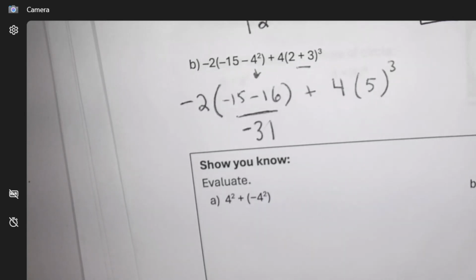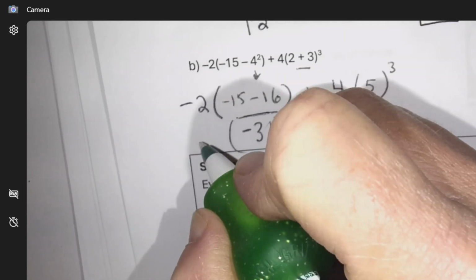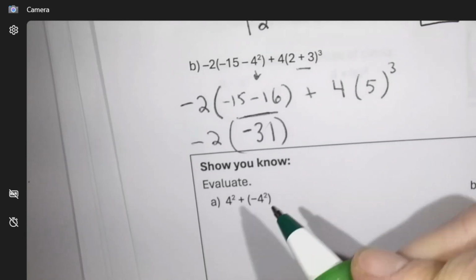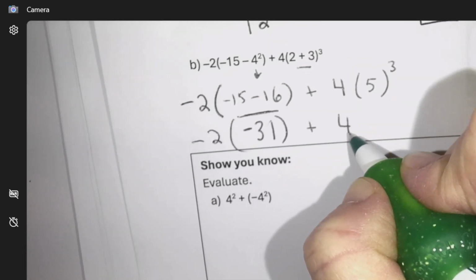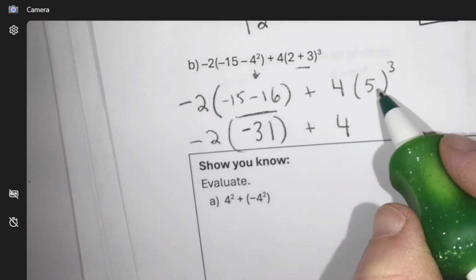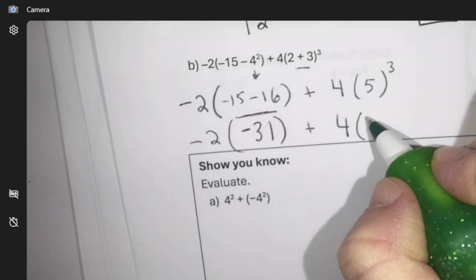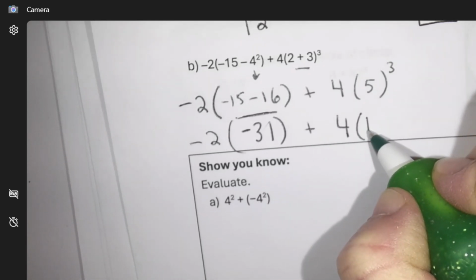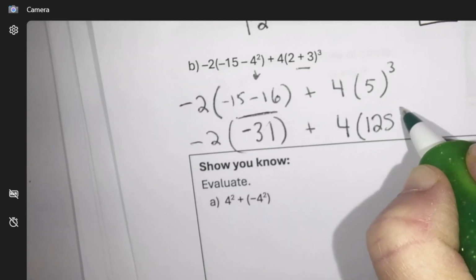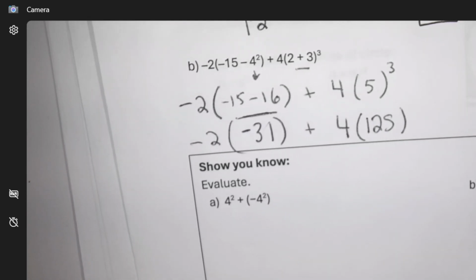Negative 31. And I'm going to do 5 cubed, which is 125, because 25 and then 5 of those, 5 quarters of money, $1.25.